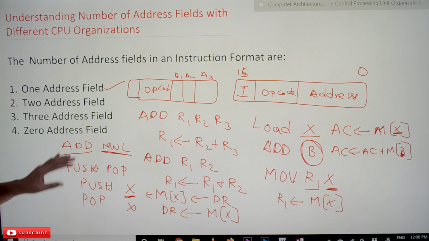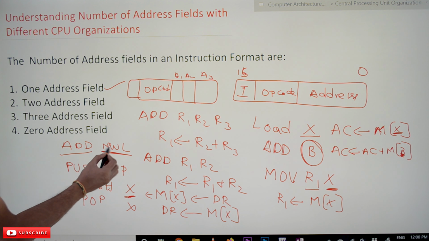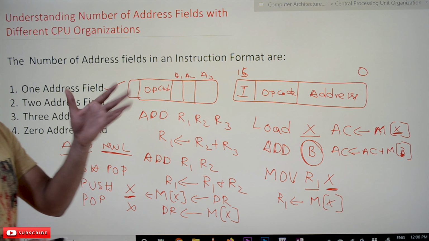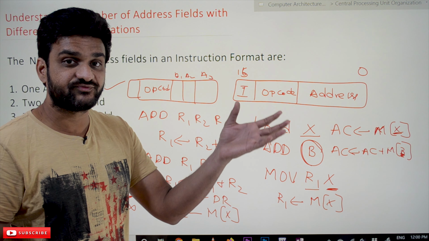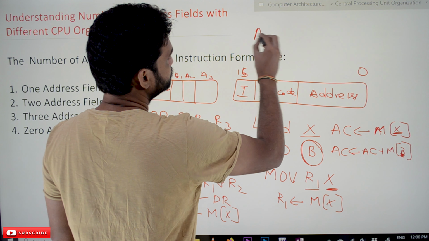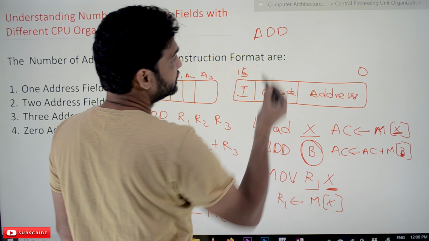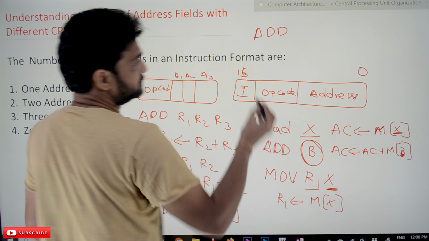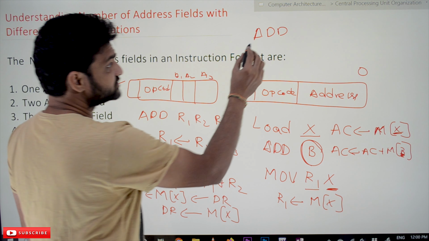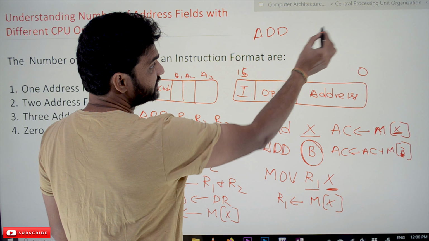If you want to do the operations add and multiplication, there is no need of providing any address field. For example, if you take add, just give add. There is no need for giving any address fields.